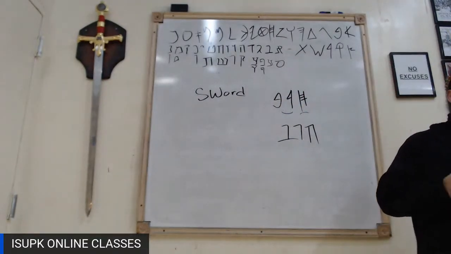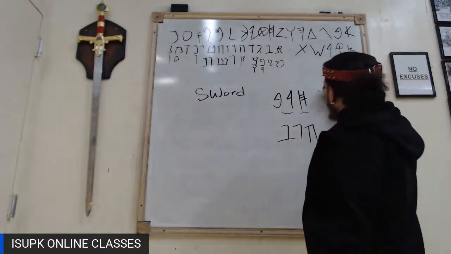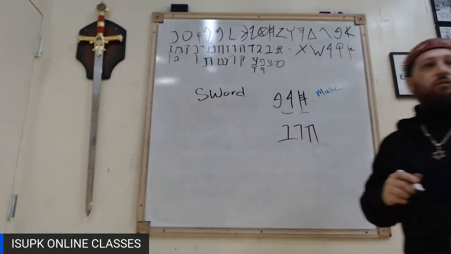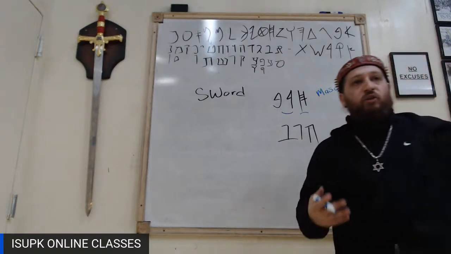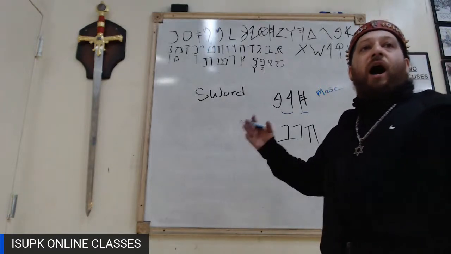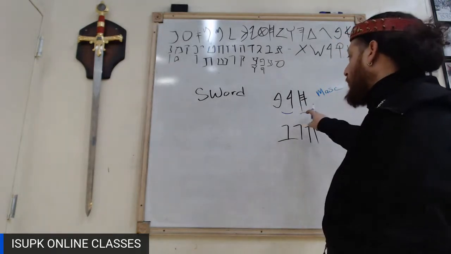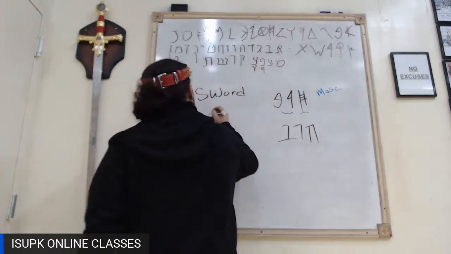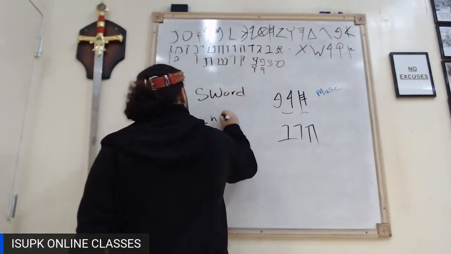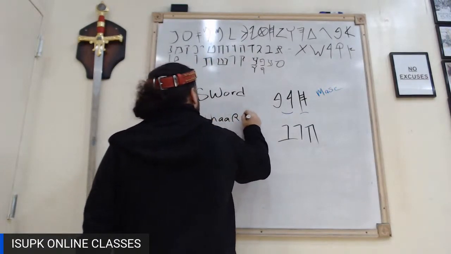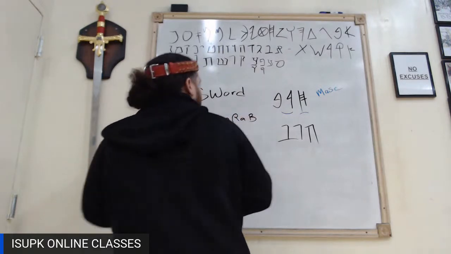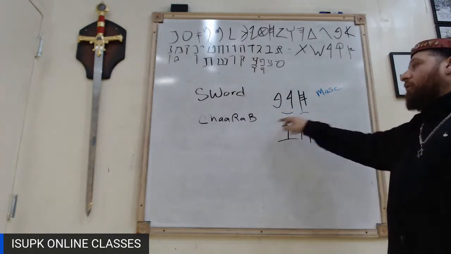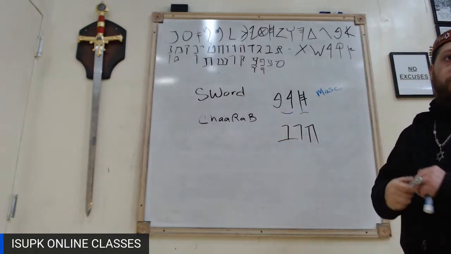Sword is a masculine word. So instinctively, you would think that you're going to say kerev-im. So the word for sword is kerev. All right, so for example, kerev, sword.